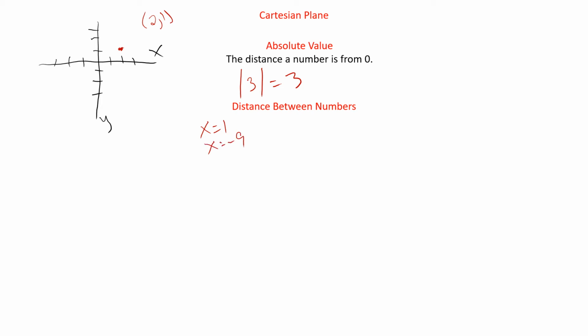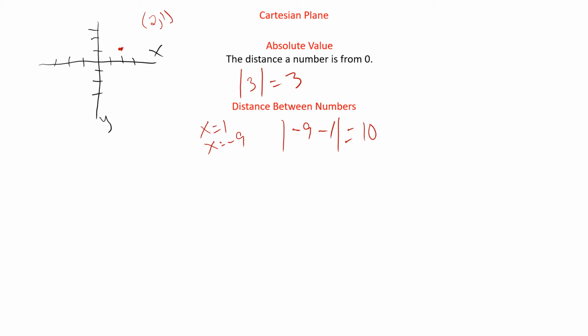To do this, you just subtract -9 minus 1, and then take the absolute value because it's a distance, so it'll be positive. -9 minus 1 is -10. Absolute value is 10. So it's 10 units from -9 to 1, or from 1 to -9. It does not matter which direction you're going.